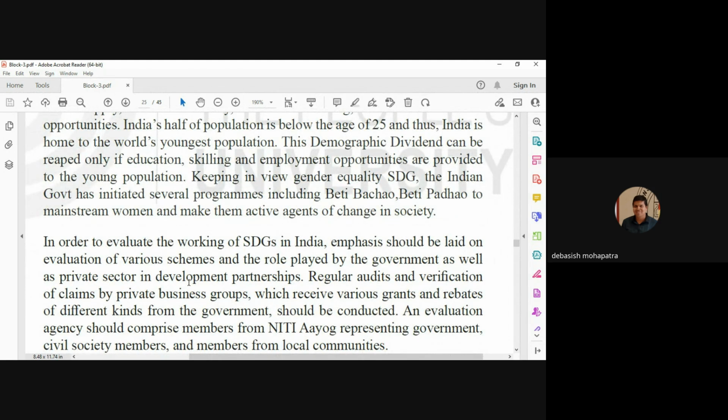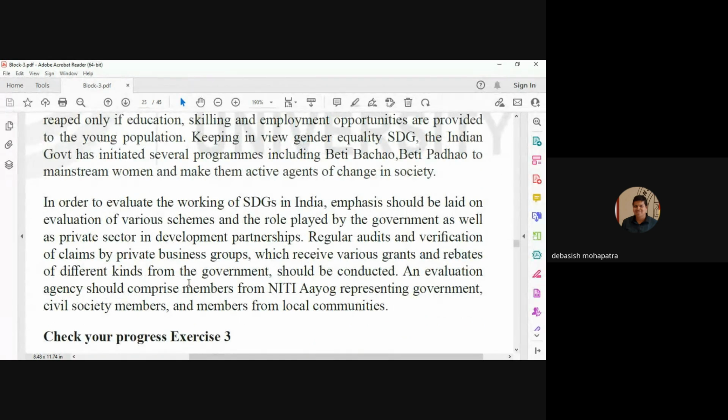So in order to evaluate the working of SDGs in India, emphasis should be laid on evaluating various schemes and the role played by government as well as the private sector in developing partnerships, with regular audit and verification of claims by private business groups, which receive various grants and rebates of different kinds from the government.